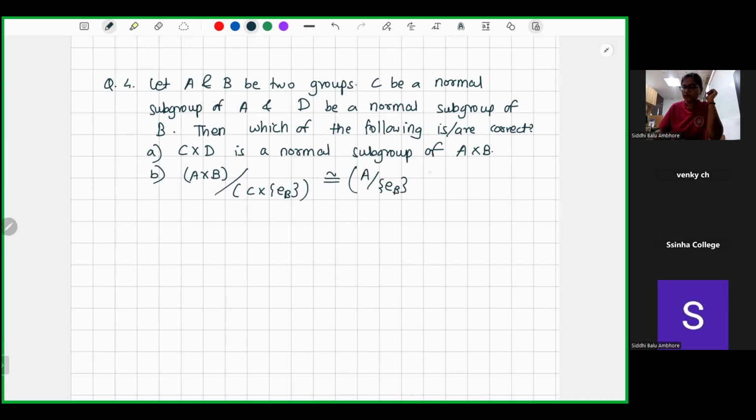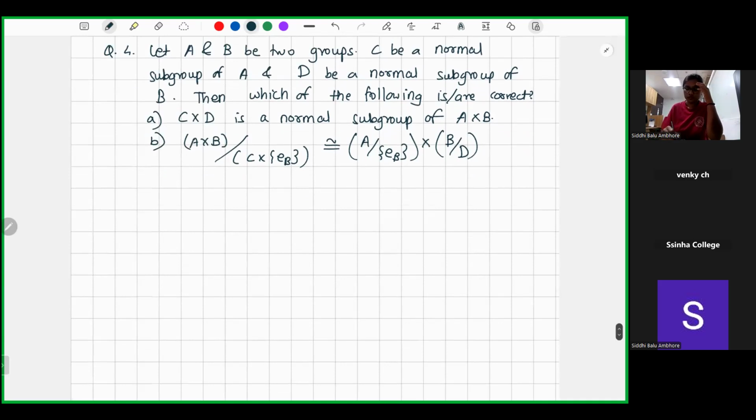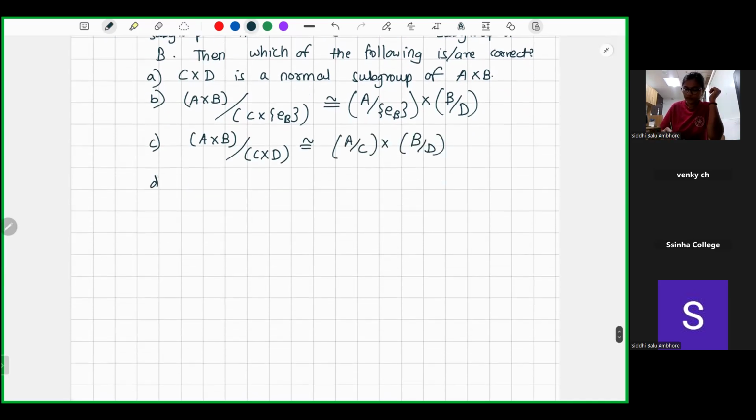E_B. Meanwhile, please try to obtain some counterexamples or try to think of the proof for the statements which you feel are false or true. The fourth one is all of the above.